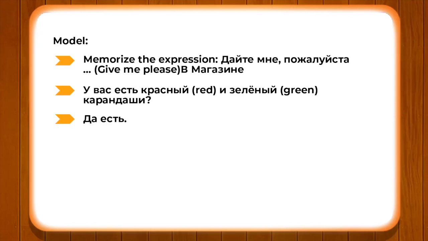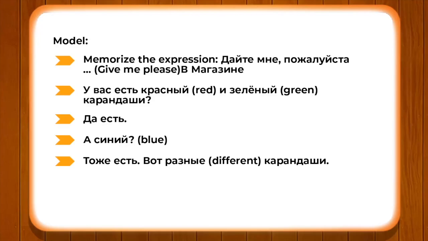Yes, I do have, or yes, we have, or simply yes. А синий тоже есть, we also have a blue one. Вот разные. The expression разные means different. Вот разные карандаши. Here are the different pencils, of course in different colors.